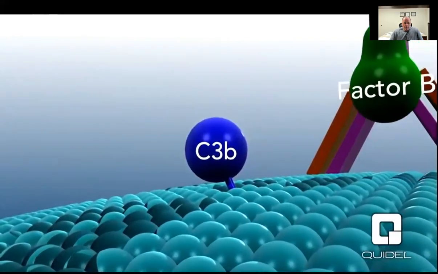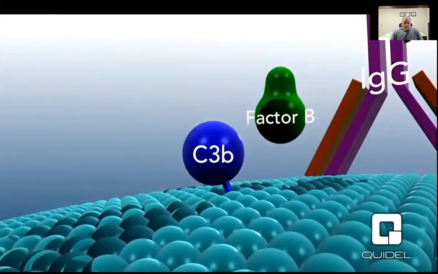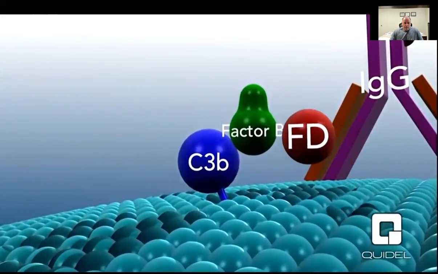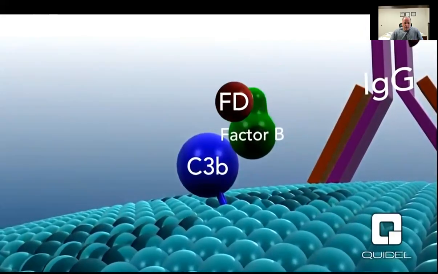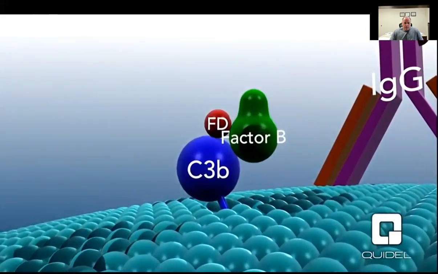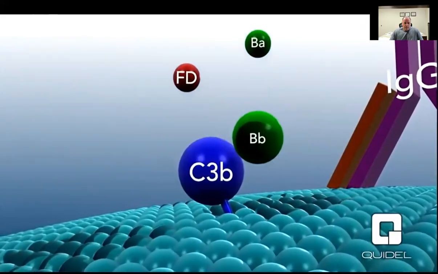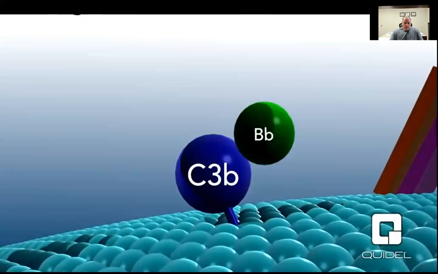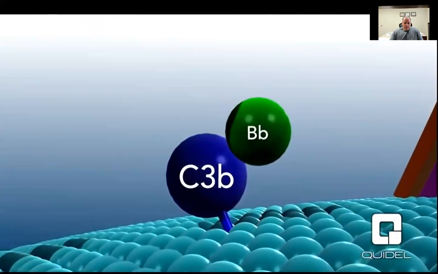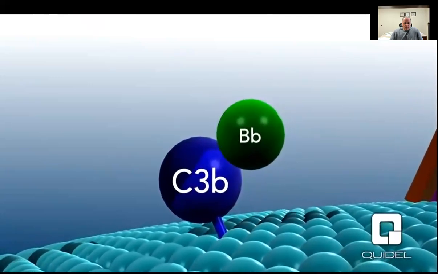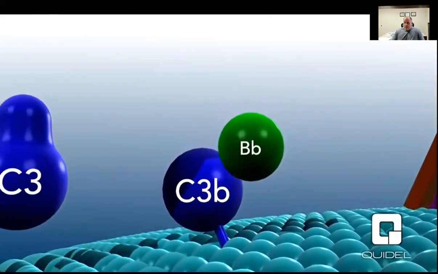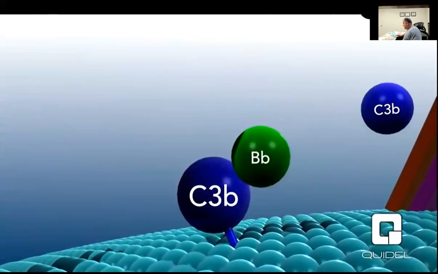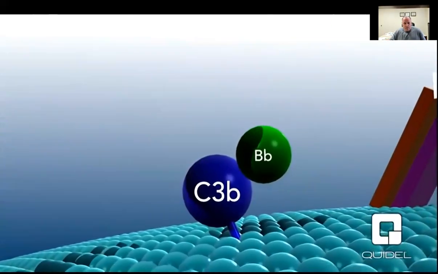However, C3b, on interacting with an activating surface, such as a bacterial cell, will bind factor B, which will be cleaved by factor D, resulting in the formation of the alternative pathway C3 convertase of C3b-Bb. The C3 convertase of the alternative pathway cleaves C3 to C3a and C3b.